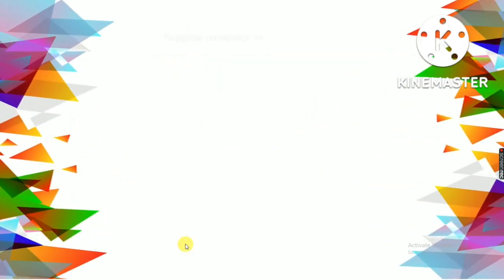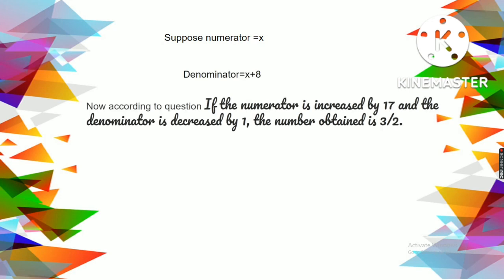Now suppose in a question when you have to solve this, you can write it like this: the numerator is equal to x and the denominator is equal to x plus 8. Now according to the question, if the numerator is increased by 17 and the denominator is decreased by 1, the number obtained is 3 upon 2.